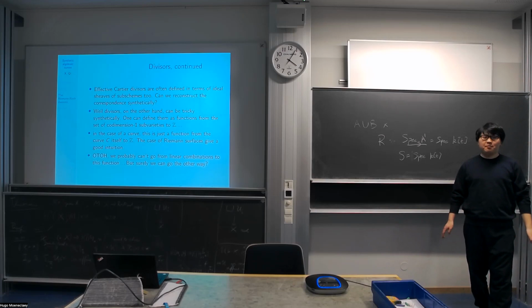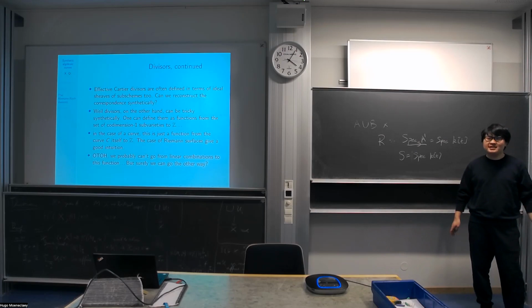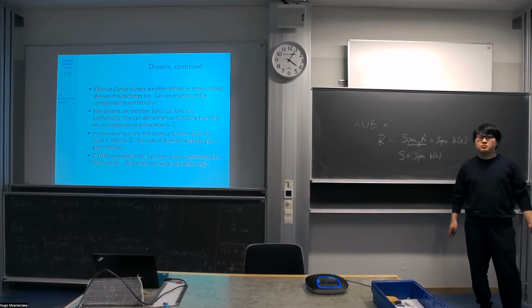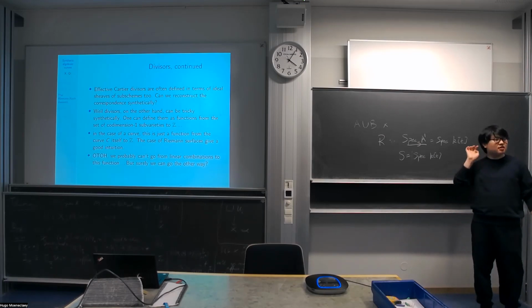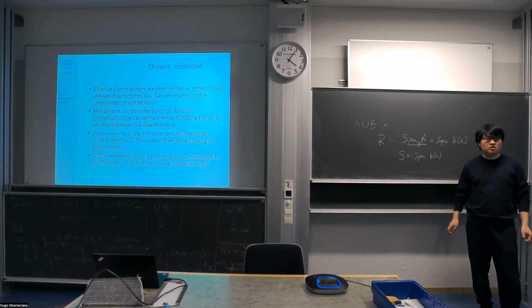So the question is whether you can get a computable degree function out of this. But then you want finite support. So you're not looking at functions, but at a finite linear combination.